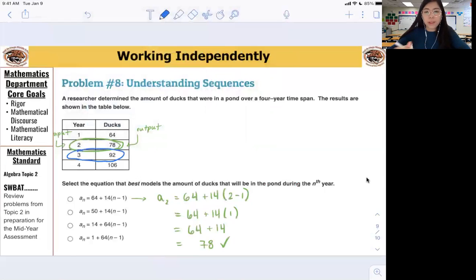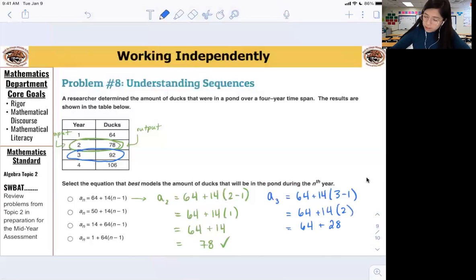Let's try it now with 3 and 92. So I'm going to plug in 3 and see if I get 92. 3 minus 1 is 2. 14 times 2 is 28.